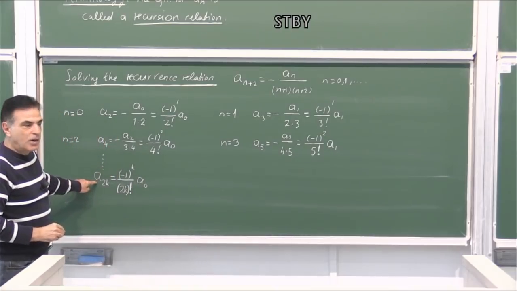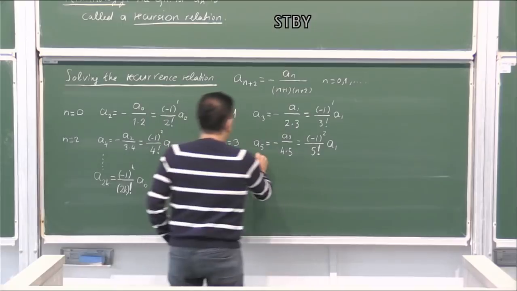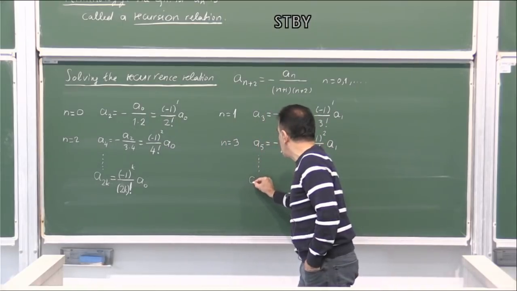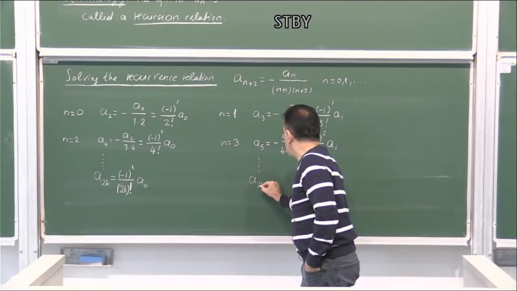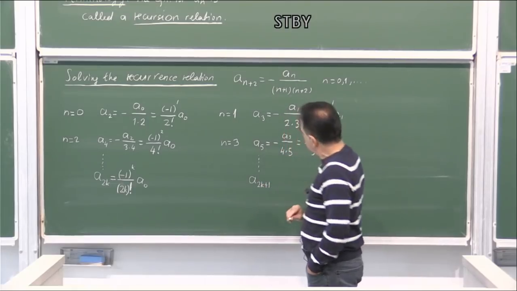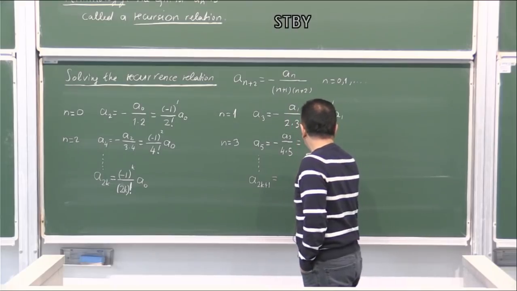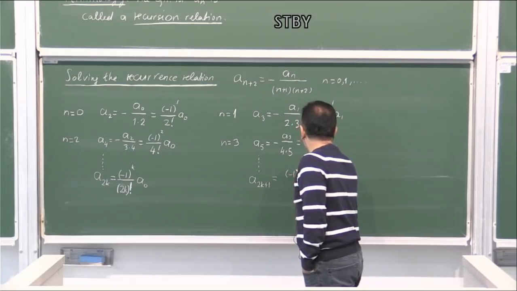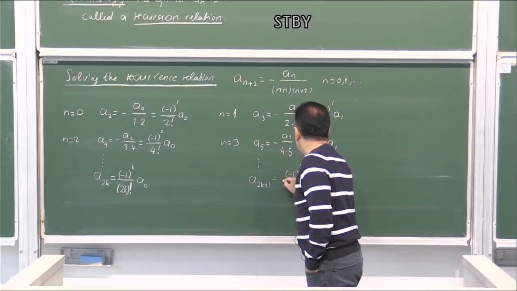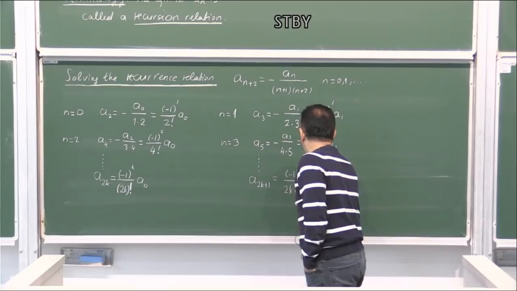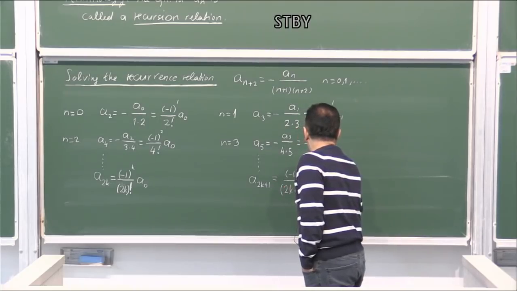You can prove this by induction. And the coefficients with an odd index, say a_(2k plus 1), seem to be minus 1 to power k over (2k plus 1) factorial a1.